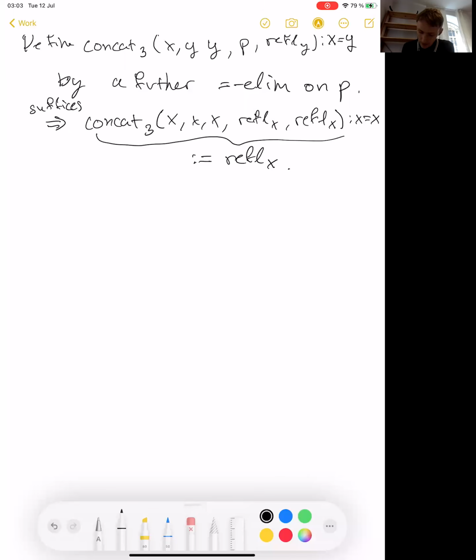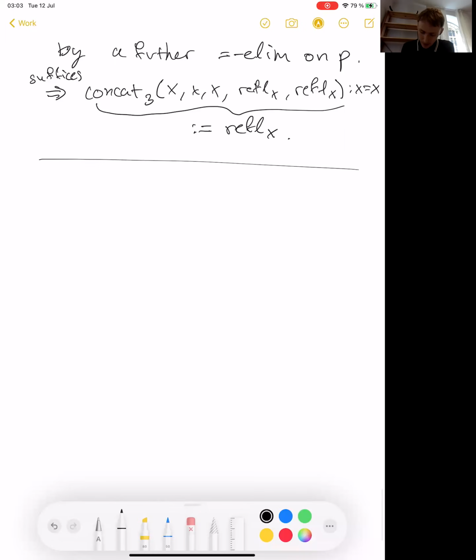Okay, and that's it. Now we have our functions. So now the second problem here, it's problem 5b. Prove they're all the same.